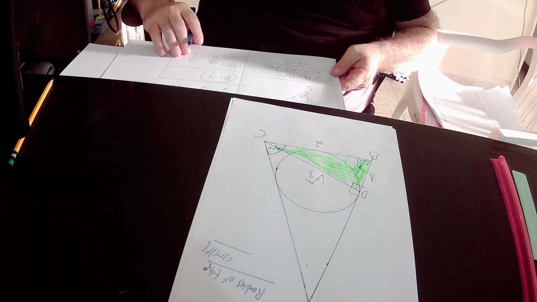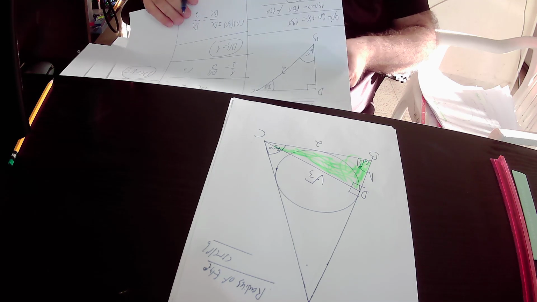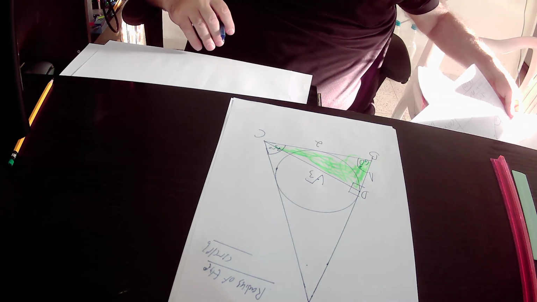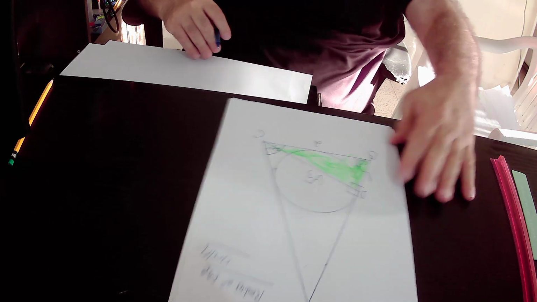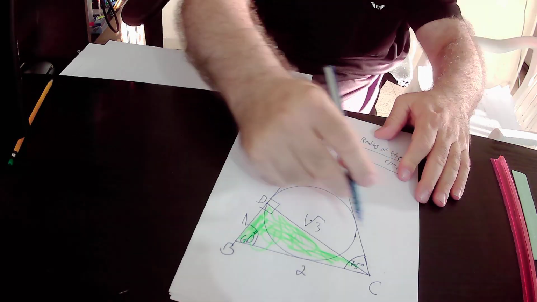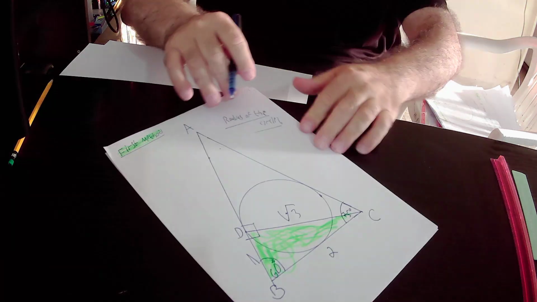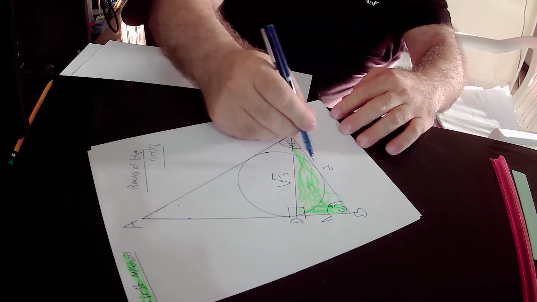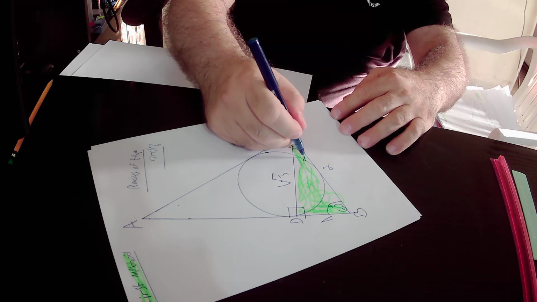In the next step, we will find out the size of angle DCB. First of all, we have already found out that this angle equals 30 degrees.